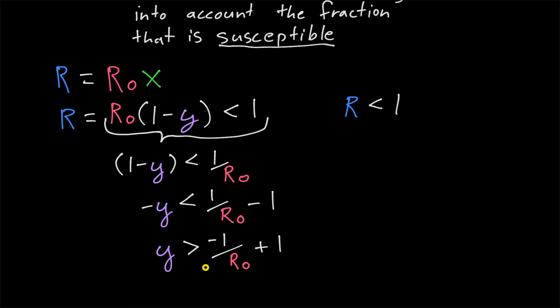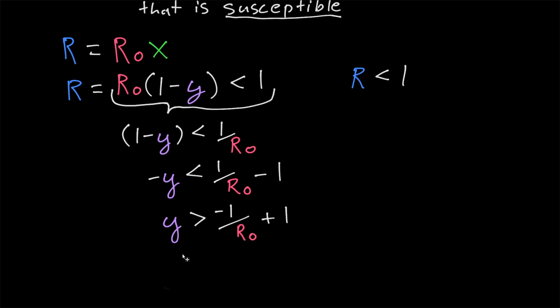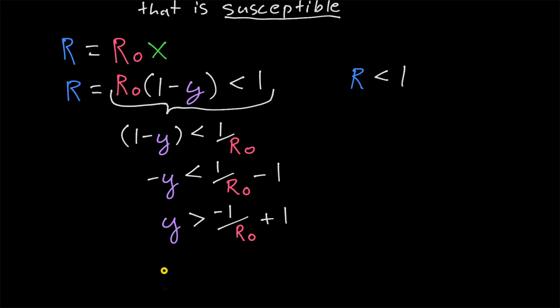And now, as the final step, on the right side of this inequality, let me reverse the order of these terms so I get the positive term before the negative term. So that's going to give me Y is greater than 1 minus 1 over R naught.